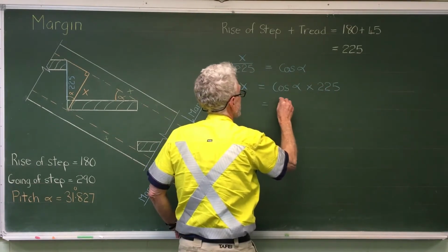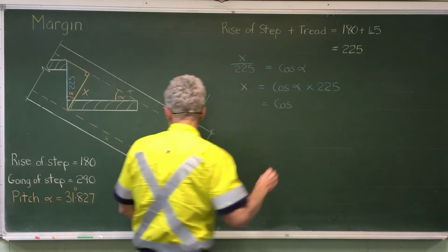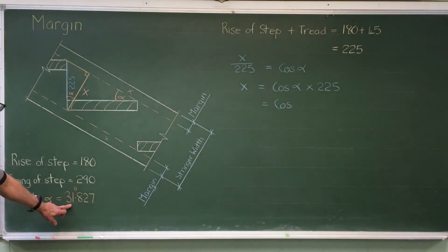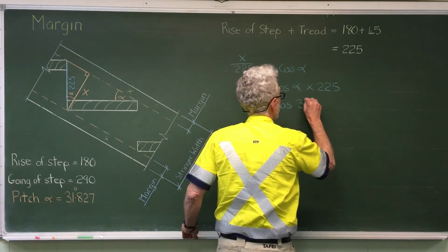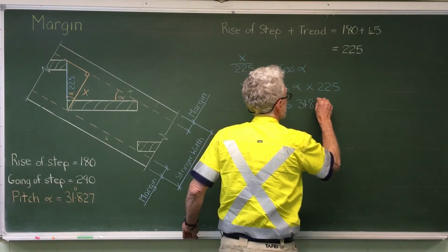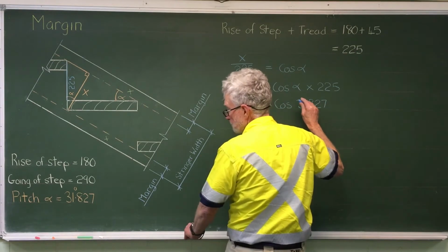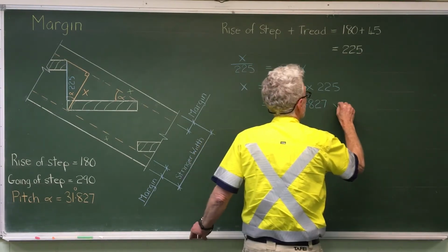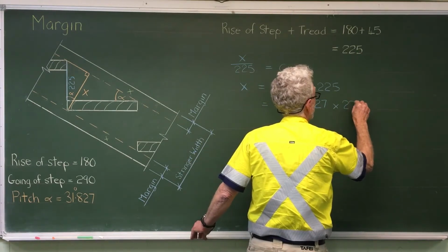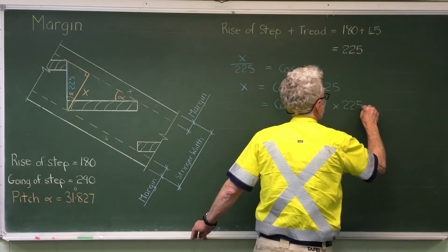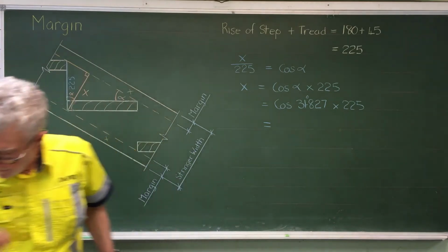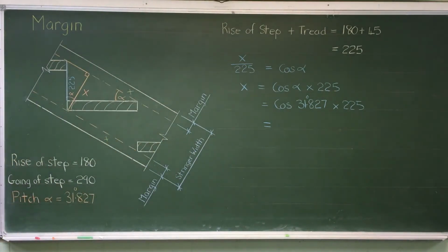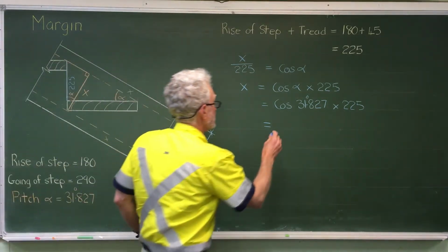That's cos 31.827 multiplied by 225. This gives me an answer of 191.2.